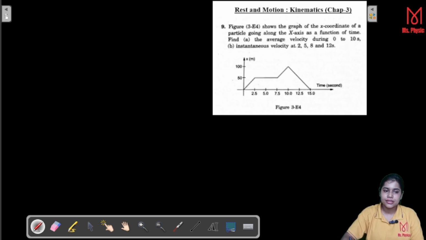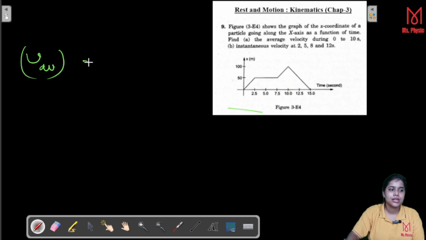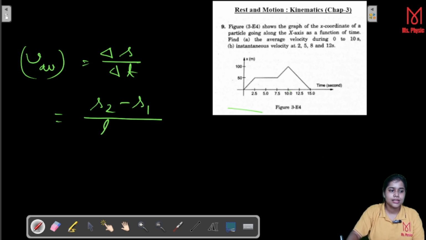Now in the next numerical, you see that the figure is given, and you have to find the average velocity from 0 to 10 seconds. So the formula, if you remember, I told you that V average is equal to delta S over delta T. Now delta S means S2 minus S1 over T2 minus T1.